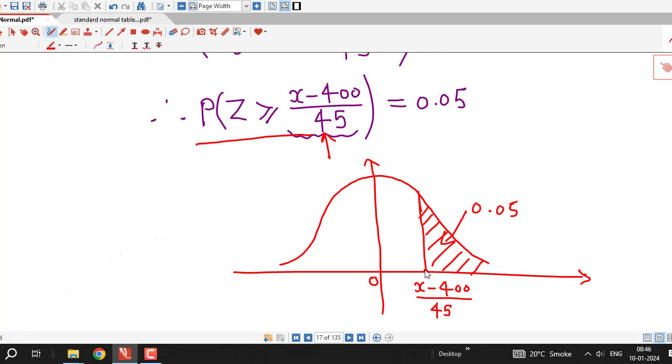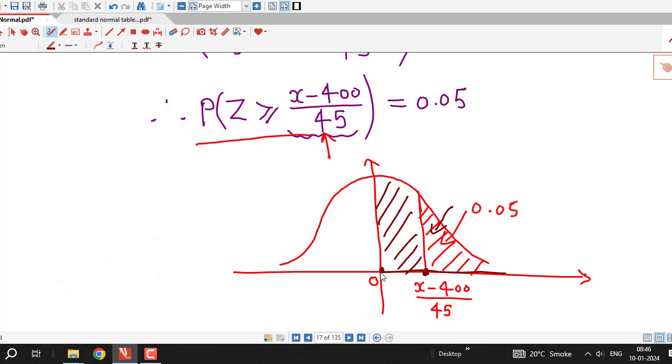Now we can see that area to the right side of this point is 0.05 and now if we are interested in this area between 0 and this point, this area is nothing but total area to the right side of 0 minus area to the right side of this point.